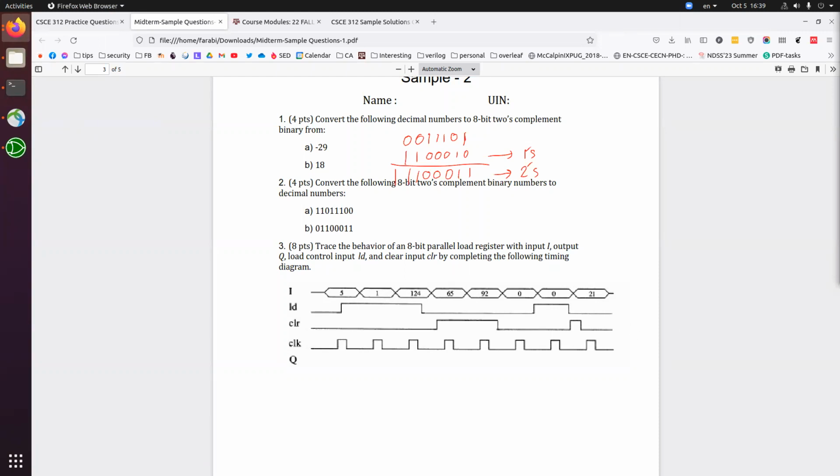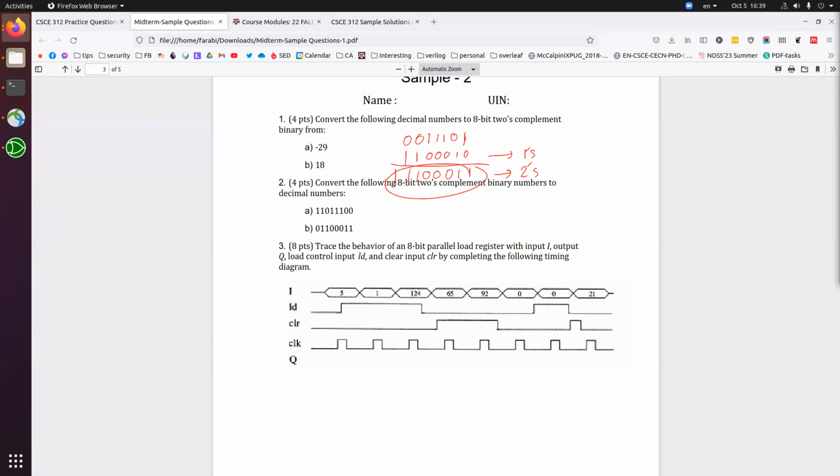What was the answer you got again? So this is the answer. So someone asked, 2's complement is inverting the entire binary number and adding 1?